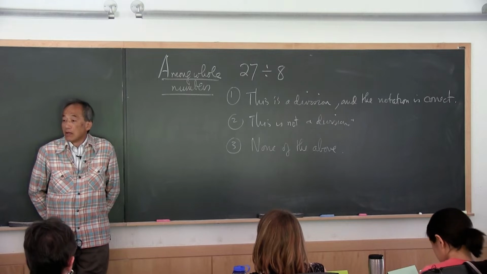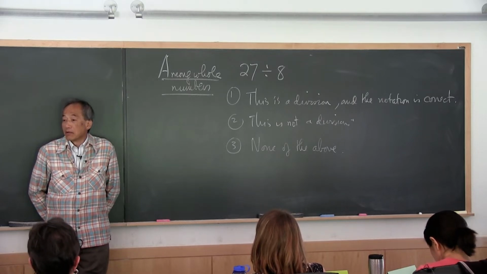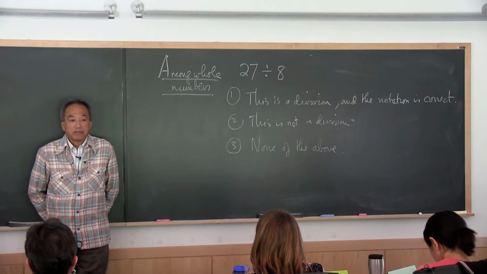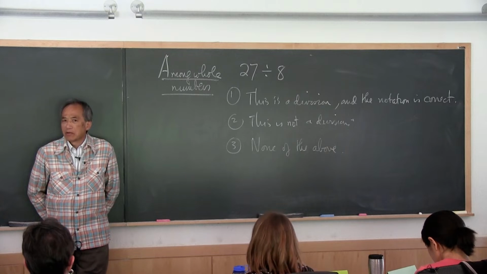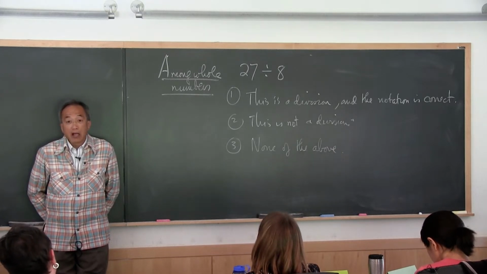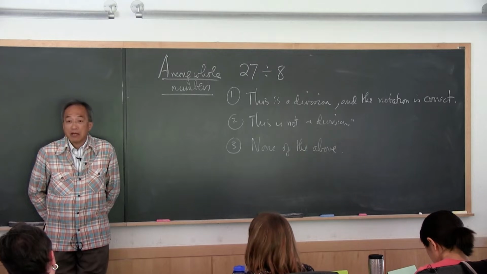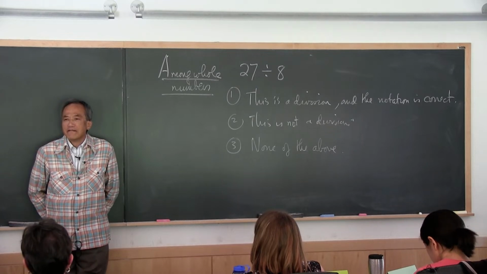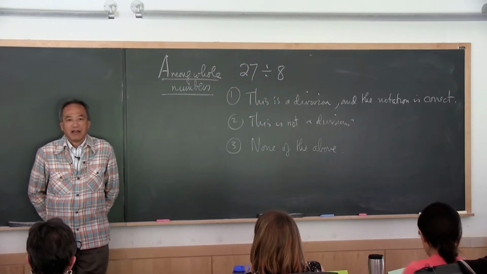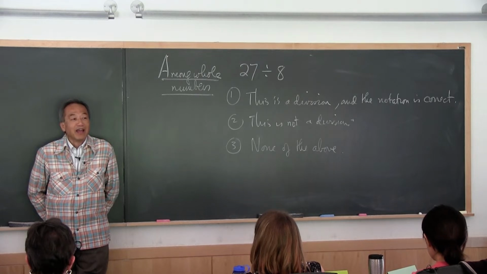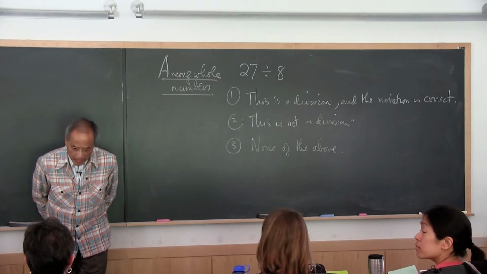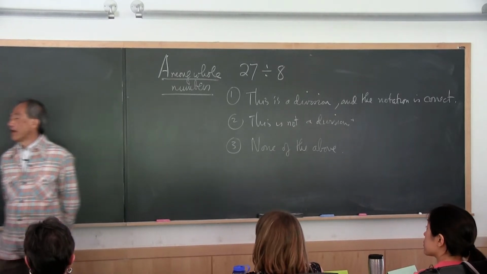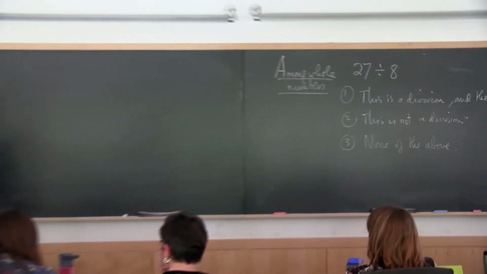It's correct, no? 3 times 8 is 24, the remainder 3. What's wrong with that? It's not quantifiable. Oh, I don't know what that means, but it's quantifiable. Well, you're going to get a quotient and a remainder at some point. What do you think you're doing then? If this is not division, what do you think you're doing? Okay, but at least the fact that you have some doubts is a good beginning.